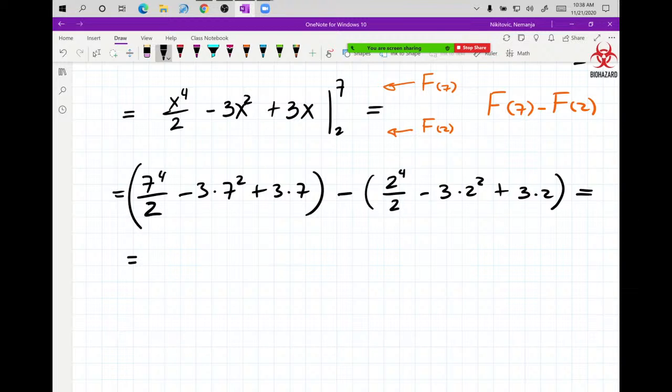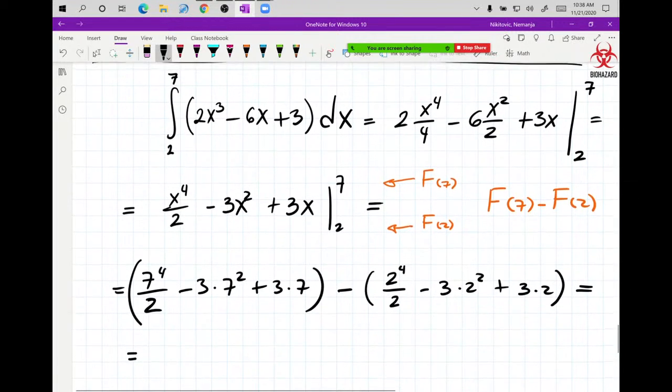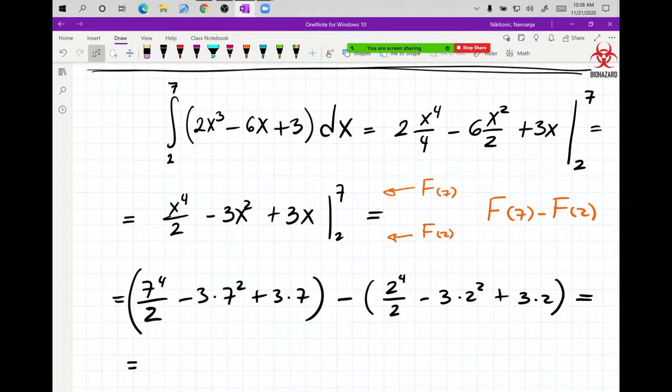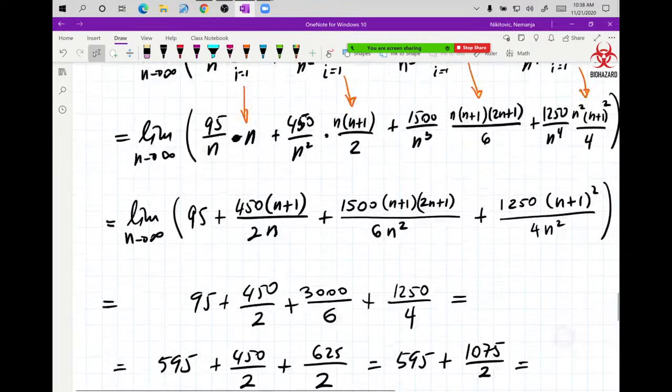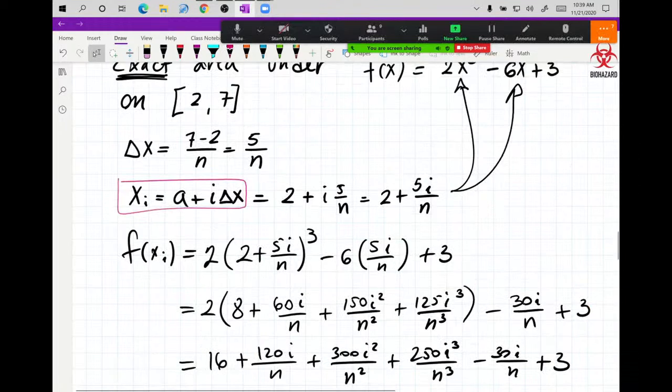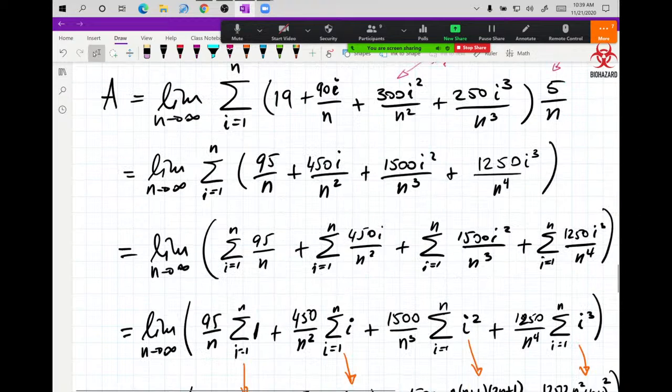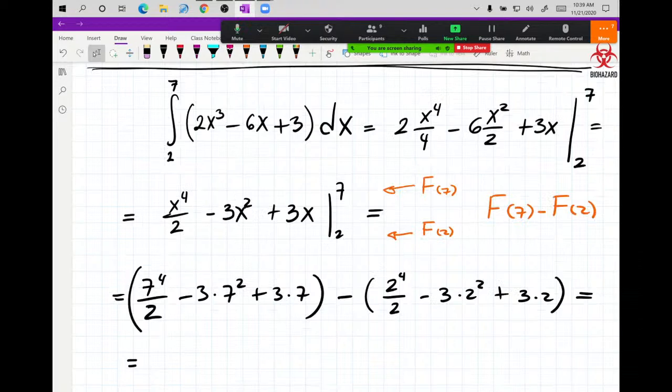At this point, everyone's like, where's my calculator? Yeah, the entire process of what we did replaced by these two lines. All of this, all of this, all of this replaced by these two lines.